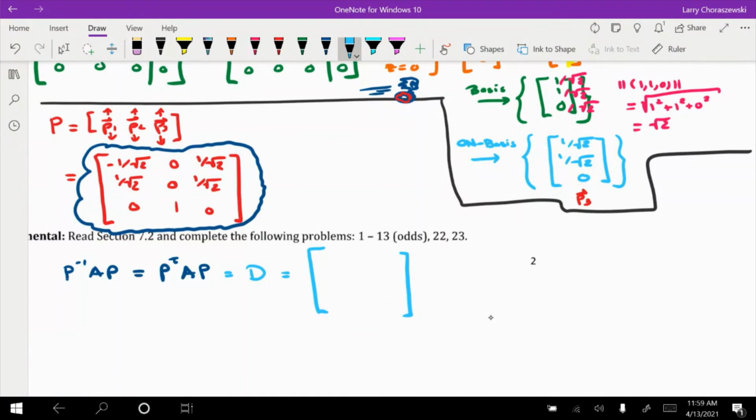And the first 2 columns correspond to the eigenvalue of -5. So because of that, the first 2 entries along the main diagonal will be -5. And then the last column corresponded to lambda equals -1. So the third entry along the main diagonal will be -1. And then since this is a diagonal matrix, the rest of the entries will be 0.